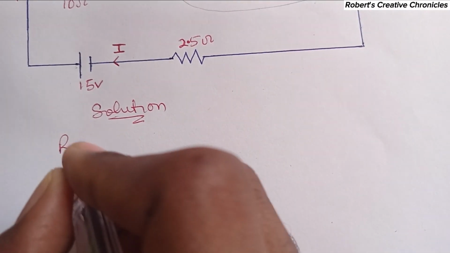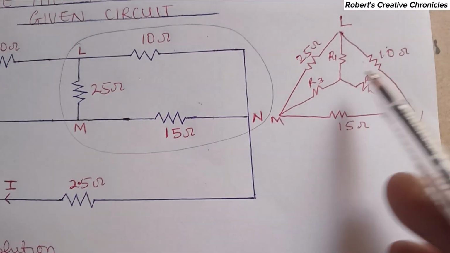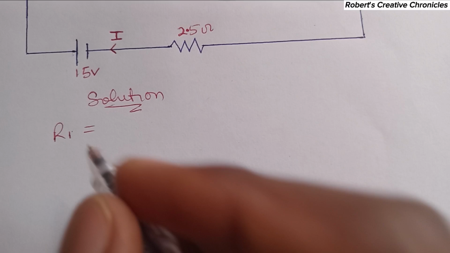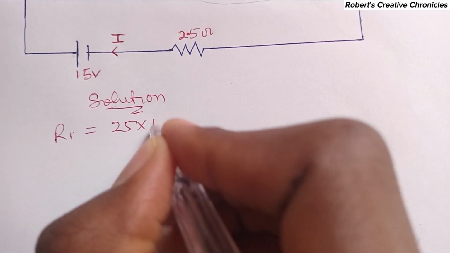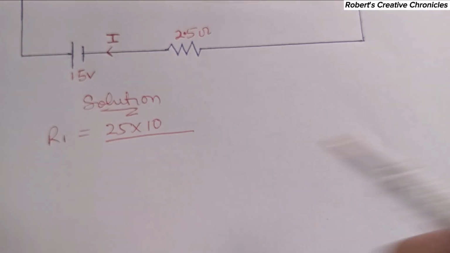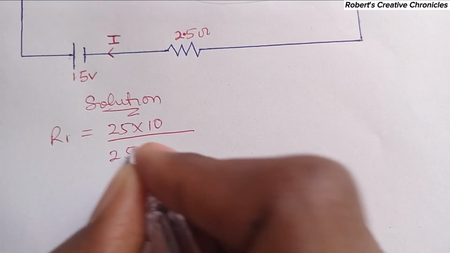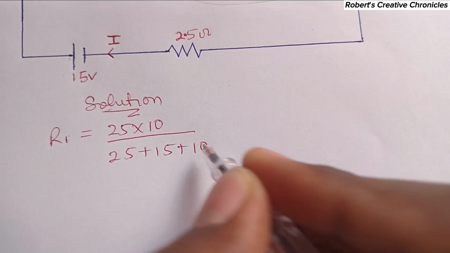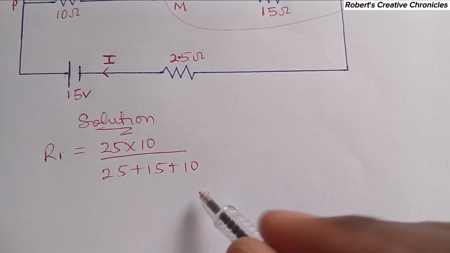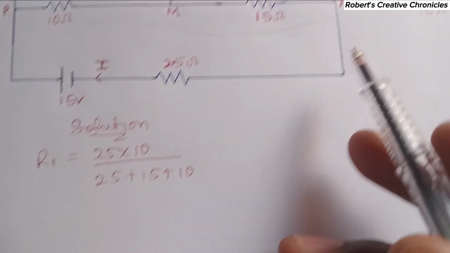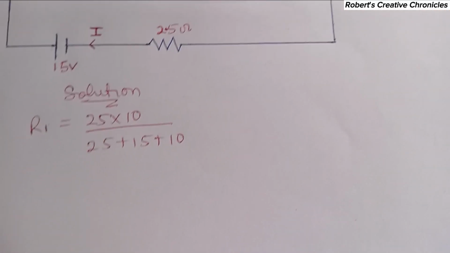R1 equals 25 times 10 over the sum, that is 25 plus 15 plus 10.